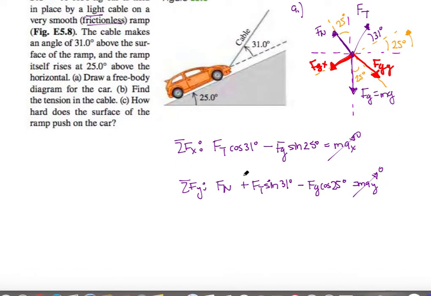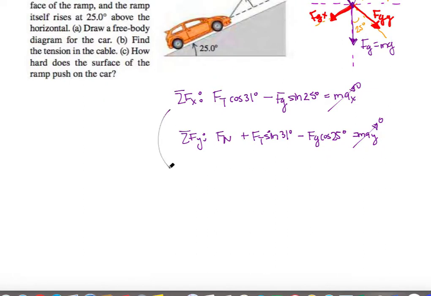So I want to find the tension in the cable. I can do that just based off of my x direction. So pulling that down, I have force tension is going to be equal to Fg sine 25 over cosine 31. Or I can just go ahead and say that's mg times the sine of 25 over the cosine of 31 degrees.